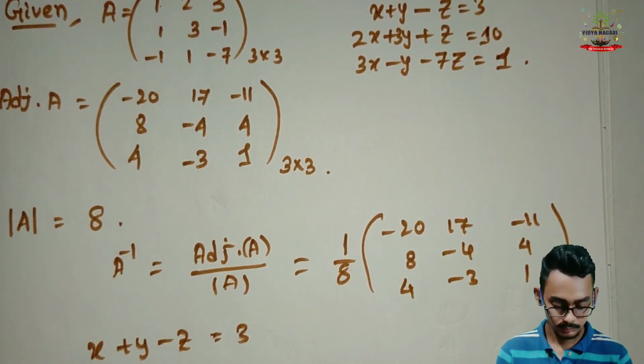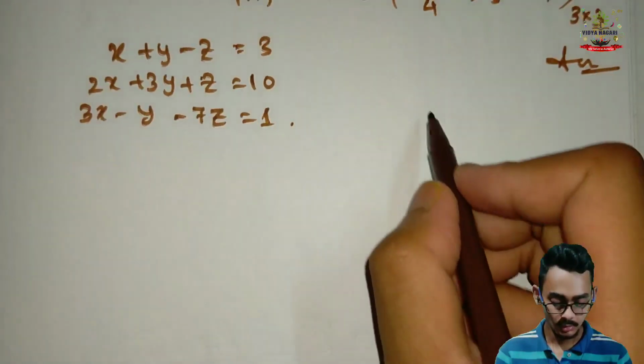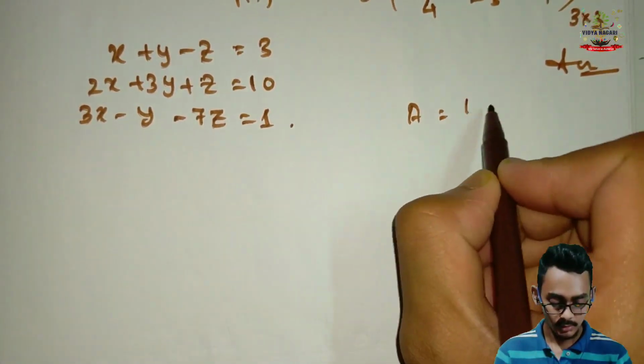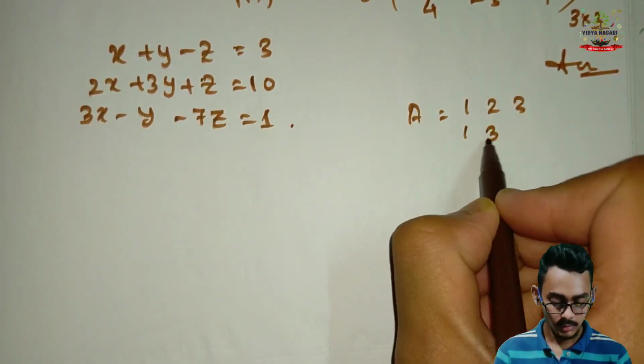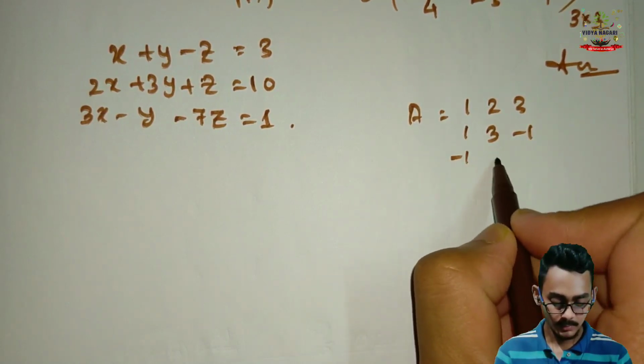2x plus 3y plus z equals 10, 3x minus y minus 7z equals 1. Our A equals 1, 2, 3, 1, 3, minus 1, minus 1, 1, minus 7.